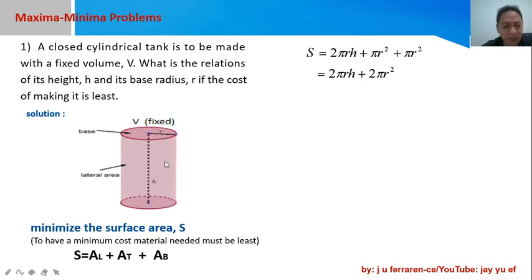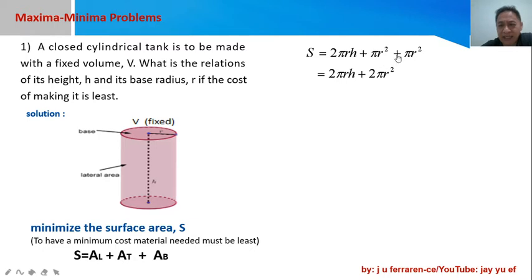As if this is being cut and stretched, you form a rectangle, where the length is the circumference, which is 2 pi r, and the height is h. Now the area at the top is circular, so that is pi r squared. Then the bottom is also the same, pi r squared, because the area all throughout the section is uniform, which is circular, and it is pi r squared.